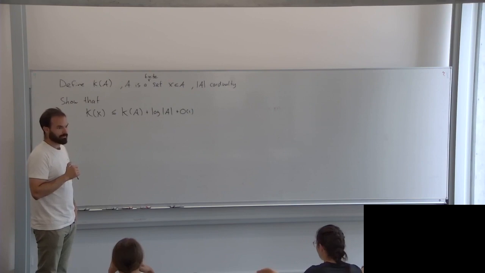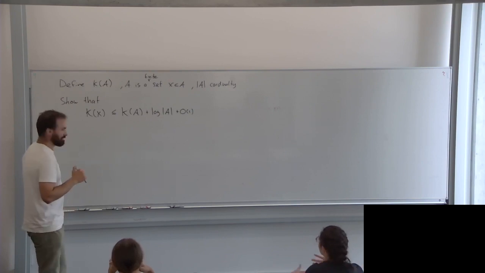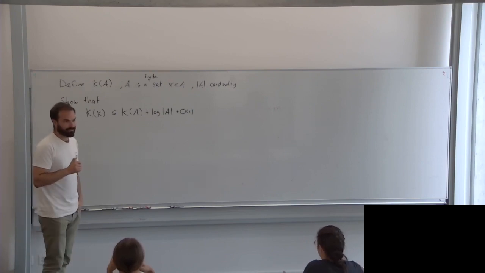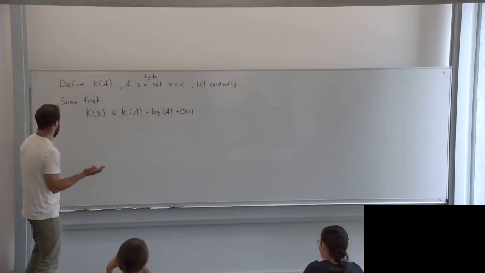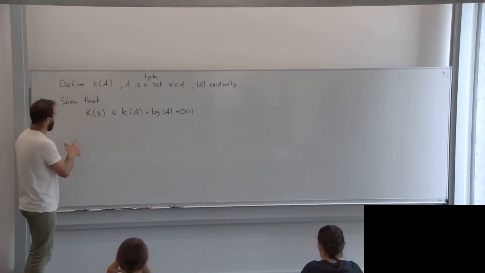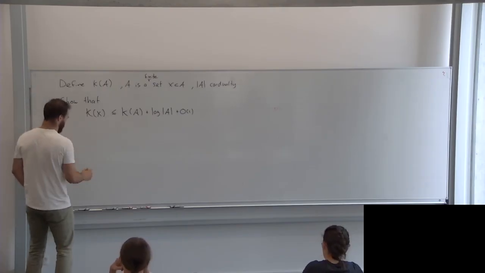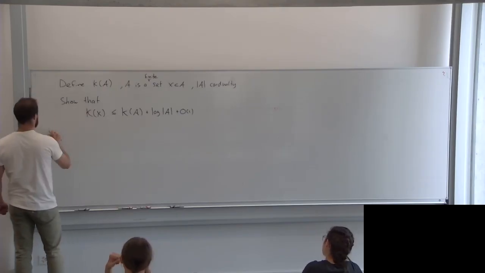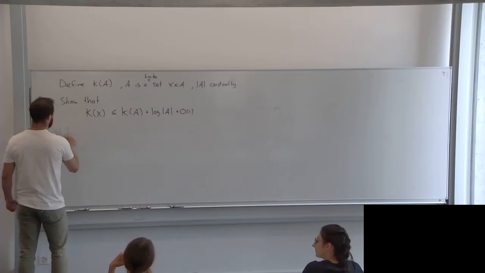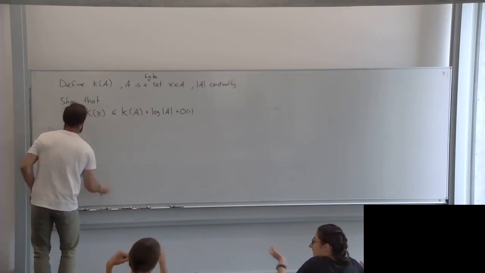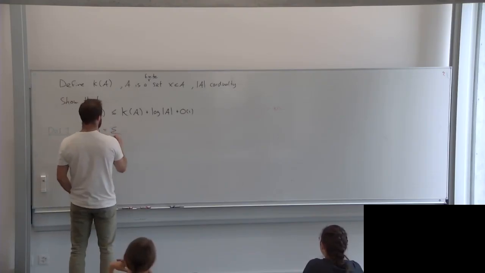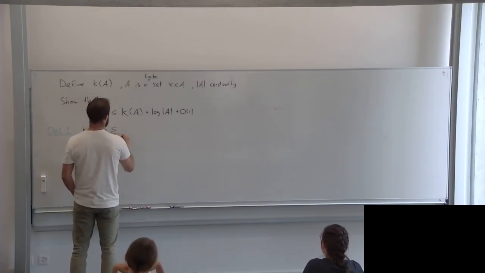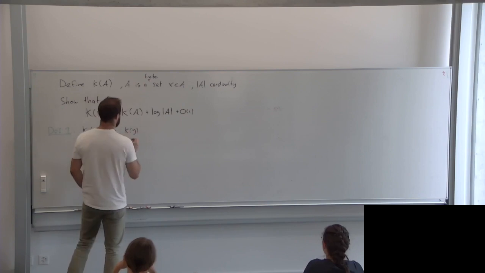It's a bad bound because I assume it is huge, but this works, right? So Eleonora's proposal, def1: K of A is equal to the sum over all y in A of K of y.